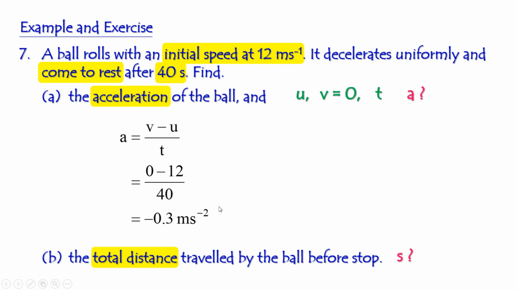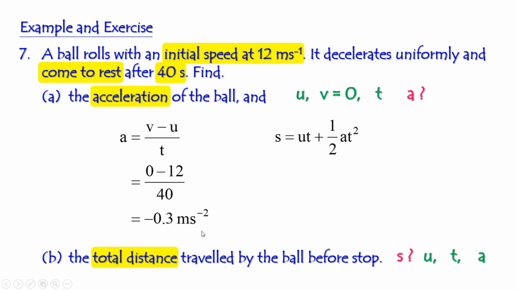So what quantities do you need before you put them into the equation? You need the initial speed, you need the time taken, you need the value a. Do you have all these values? Yeah, the initial speed is 12, the time taken is 40, and the acceleration is minus 0.3.